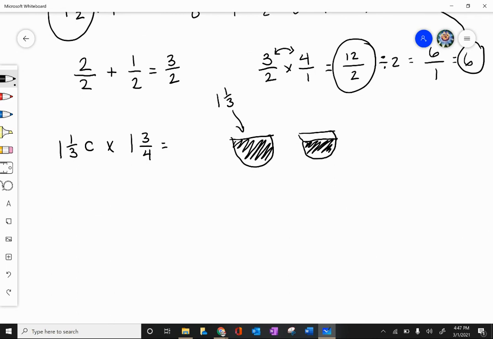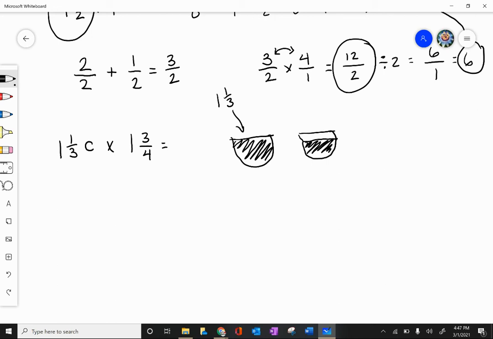Well, we're multiplying two mixed numbers, and those mixed numbers could also be written as improper fractions, and we know how to multiply fractions. So let's try to convert the mixed numbers to fractions, then multiply the fractions.